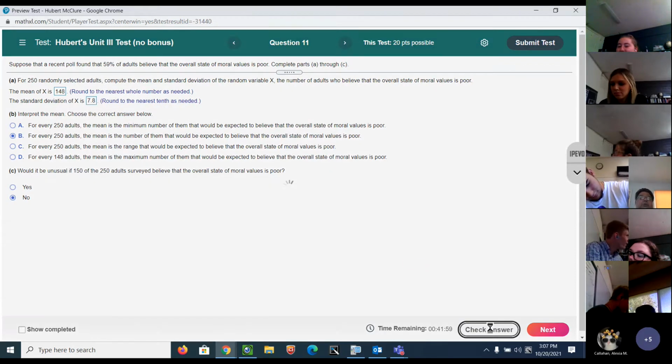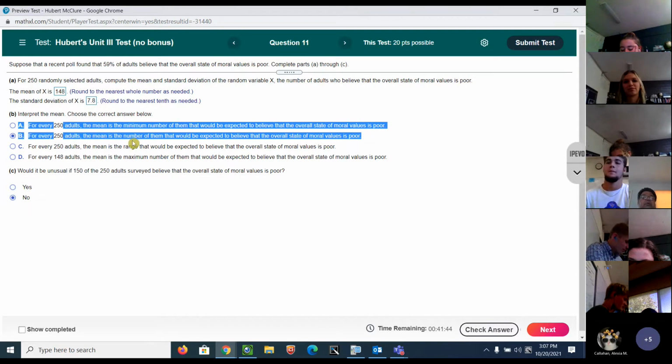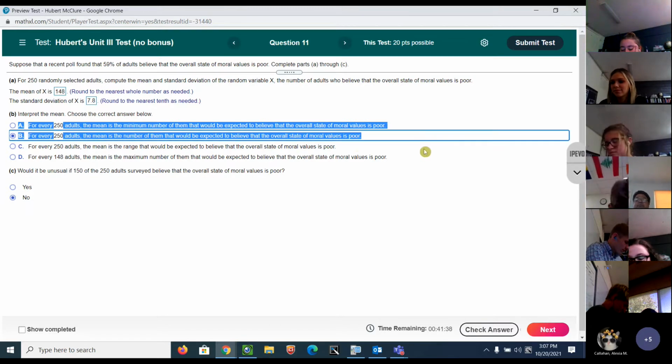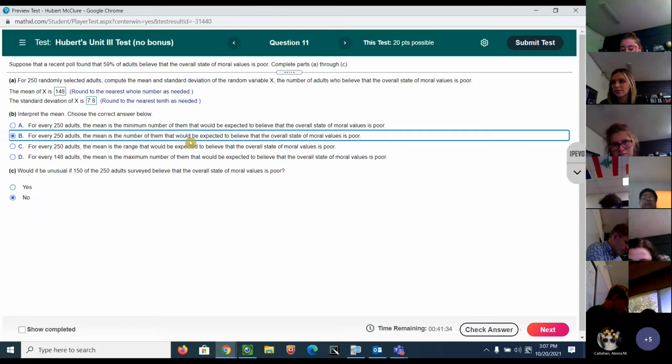Somebody write down that answer. The mean is the number of them that would be expected to believe the overall state of moral values is poor. I can't even understand what that says, but write that down because that'll be your answer.